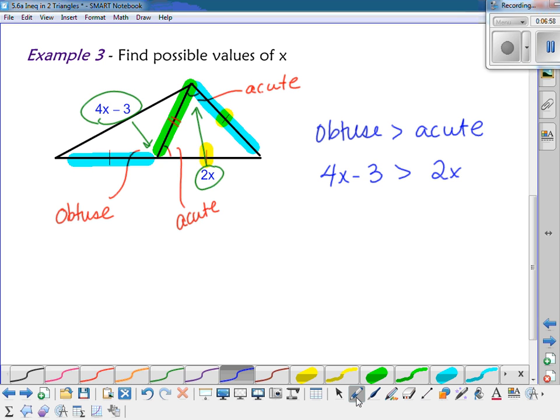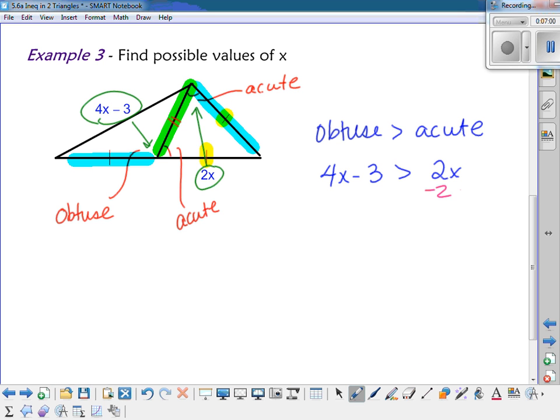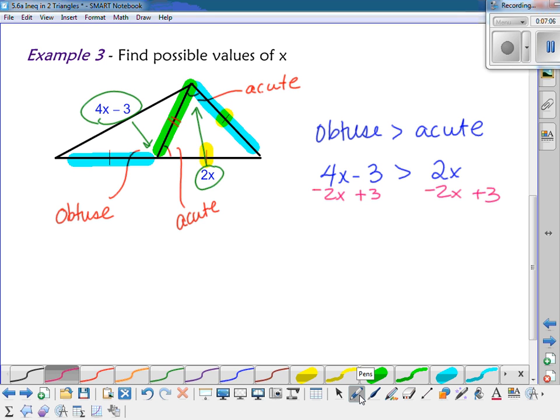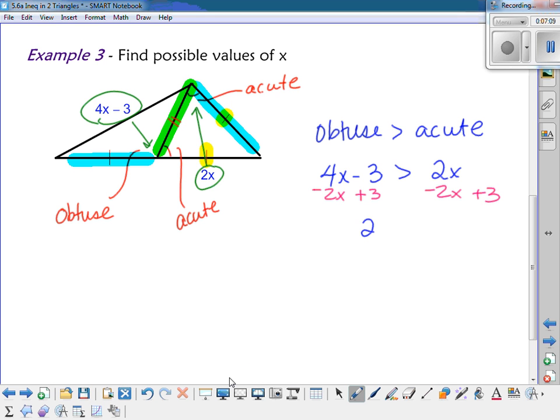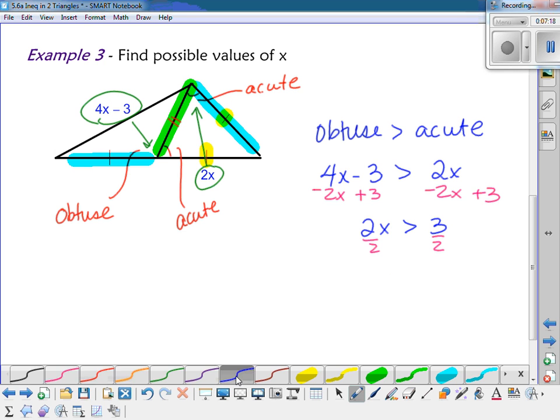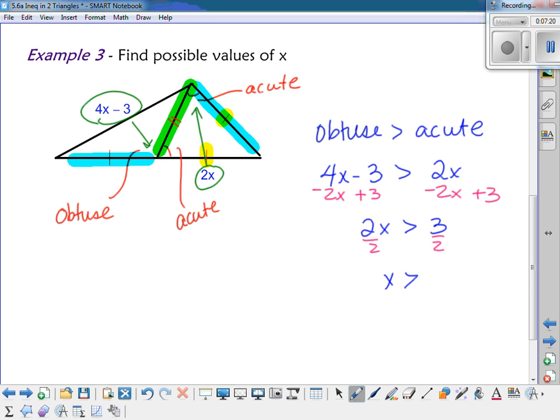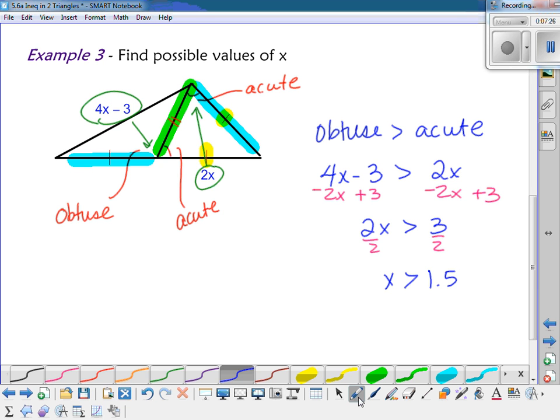I'm going to subtract 2x from both sides and add 3 to both sides. And I get that 2x is greater than 3. Then if we divide by 2, x is greater than 1.5. So any number greater than 1.5 will work for this figure.